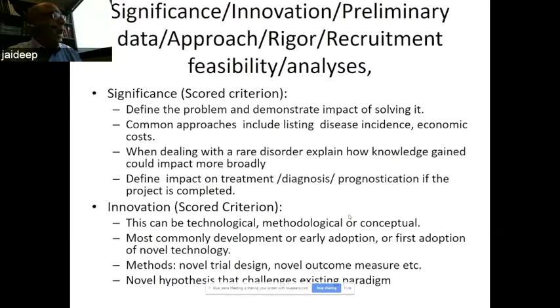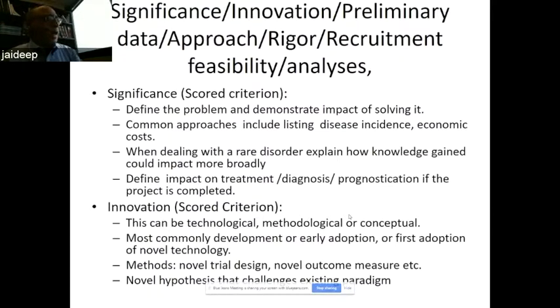I've divided this presentation according to the way in which your grant will be reviewed, so that it runs parallel to the way David will speak about grant review. The first criterion for review is significance.